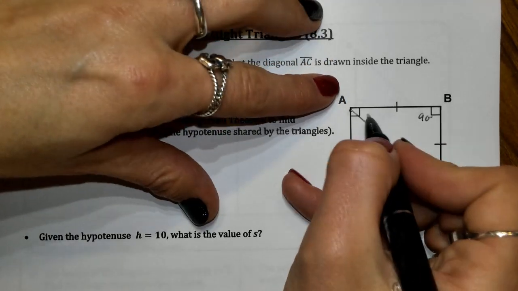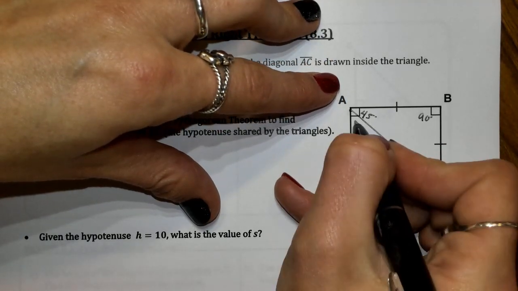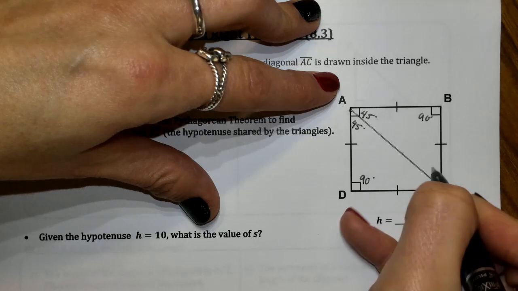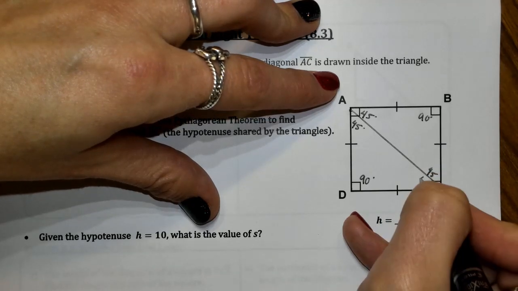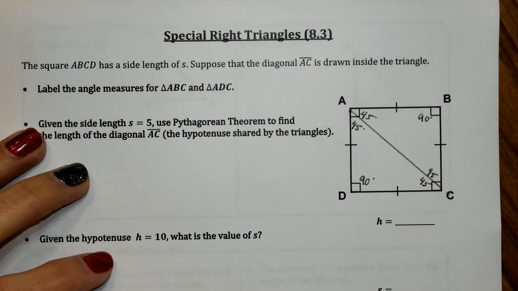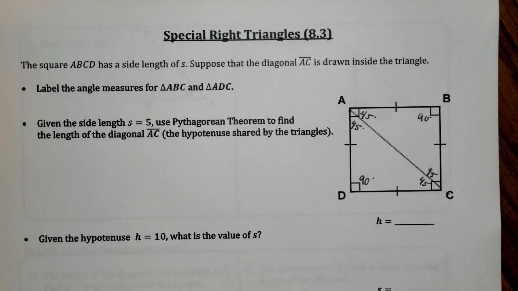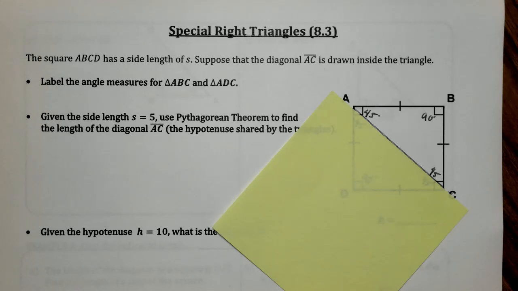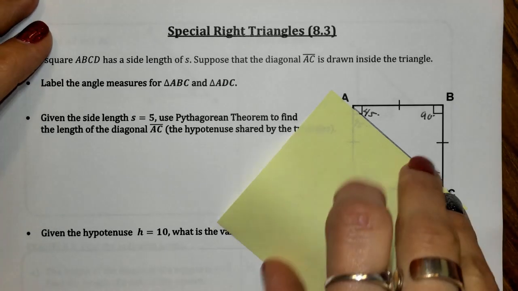So angle A has been cut into two 45-degree measurements, and so has angle C. So now we wind up with two 45, 45, 90 triangles. And this is going to be the basis of what we're doing with this section in this video.